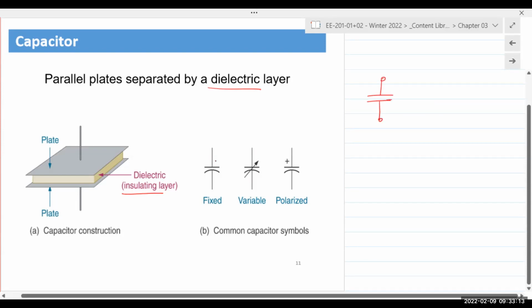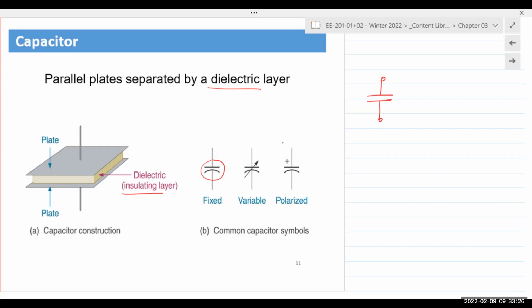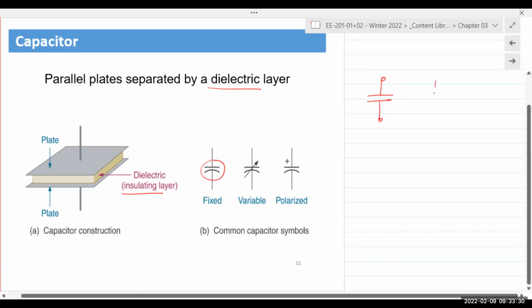Oftentimes you would see one straight line and one concave, but those are not as common. Typically, you would encounter circuits where you only have two horizontal lines of equal length. If they're unequal length, then it's a battery, of course. If they're equal length, then it's a capacitor.